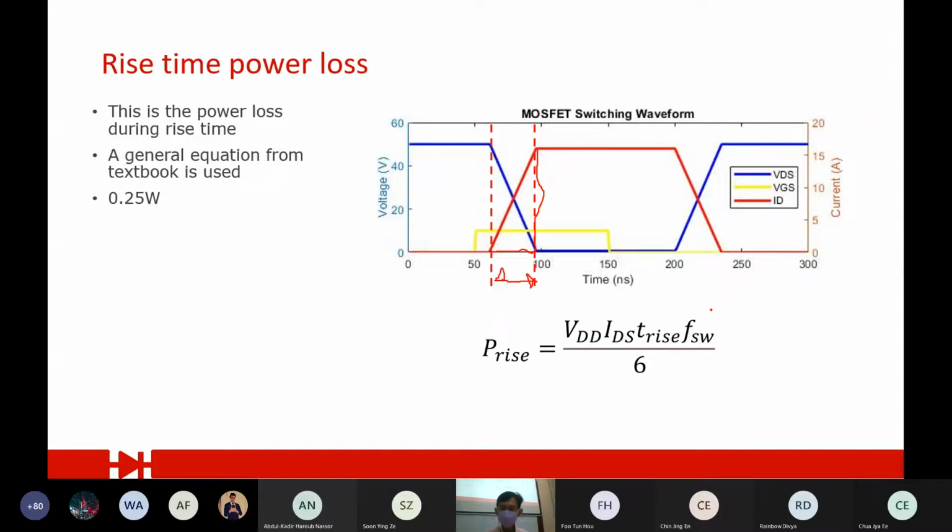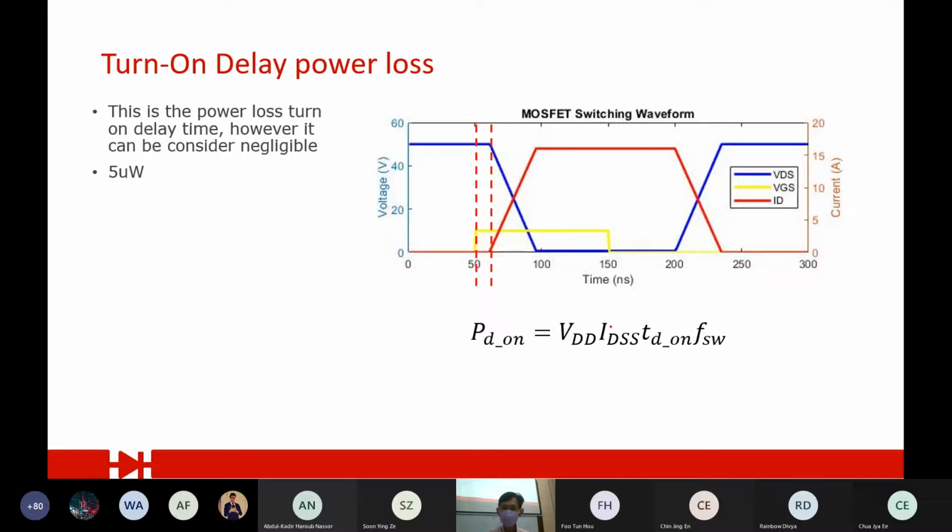Now you know that rise time is the process of turning on. So you need to multiply VDD by your IDS. You see, V multiplied by I is power, right? So for power loss, you always see the V and I, even in the previous one. But the power happens at a very short time, so multiply by the time, multiply by the frequency.